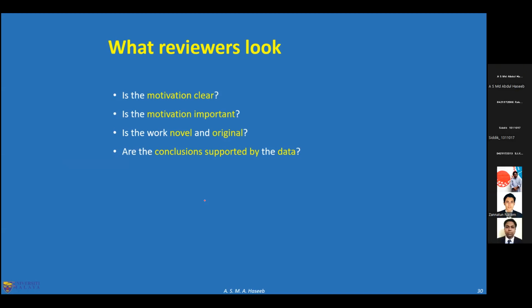They look for the originality or novelty of the work. He or she will also see the conclusion and then compare the conclusion with the data that you have submitted and discussed in the body of the paper. If they feel that the conclusions are not supported by the data that you have generated, then they will not be happy.